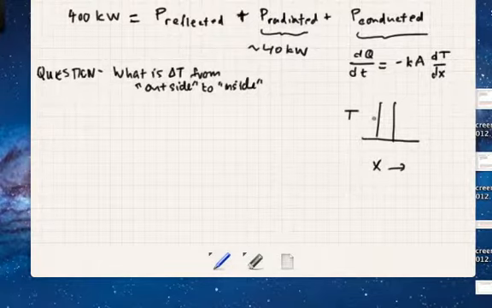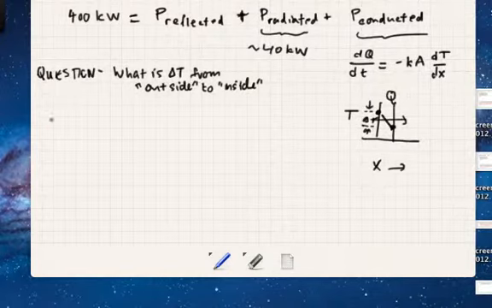You have a high temperature here, a low temperature here, and you're transferring heat across this temperature gradient, and the rate of that transfer is proportional to the gradient through the conductivity and the area. Now, the question is, what is this delta T value from the outside to the inside? That's what you're looking for.